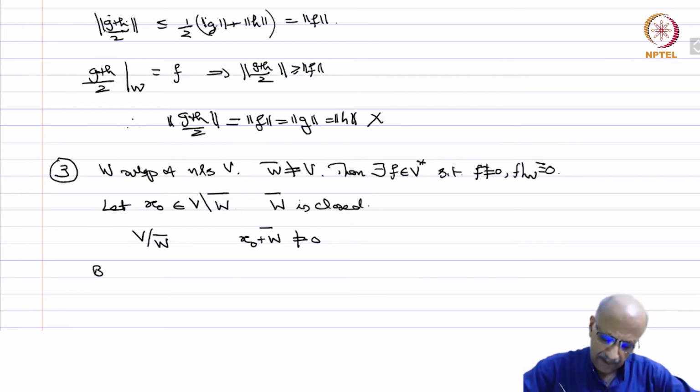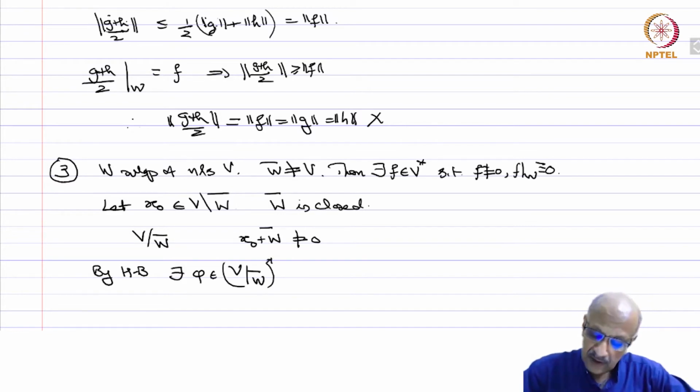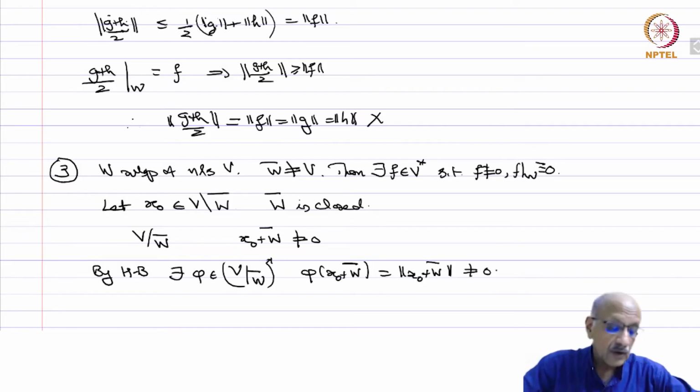So by Hahn-Banach, or the corollary which in fact we started with, there exists a phi belonging to the dual of V by W bar such that phi of (x naught plus W bar) is equal to norm of (x naught plus W bar), and that's not equal to 0, and norm of phi equals 1.